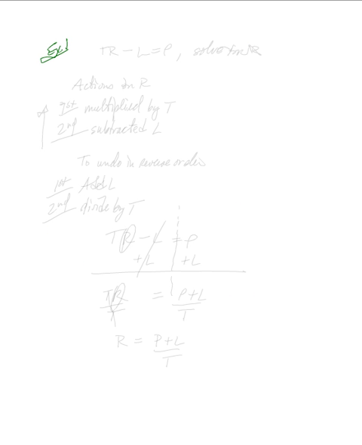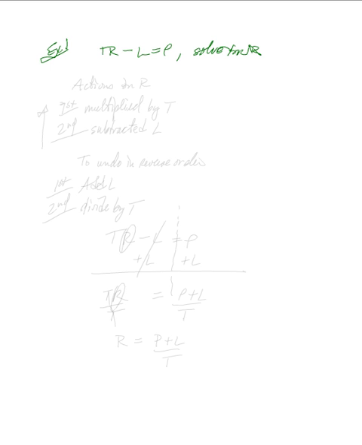Example 1. Suppose I have TR minus L equals P. Now the first time around, let's say we're going to solve for R. The first time around, I'm going to go ahead and write everything out.